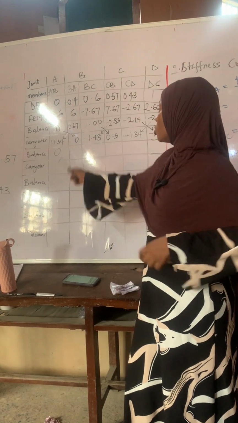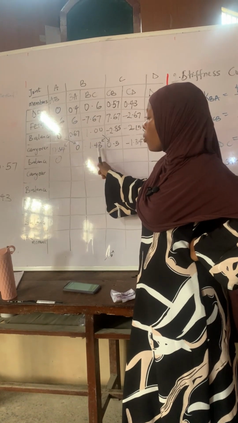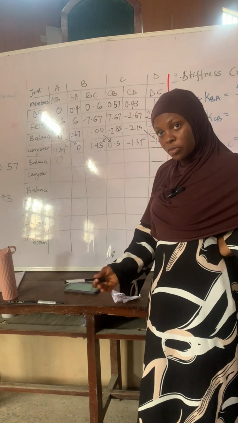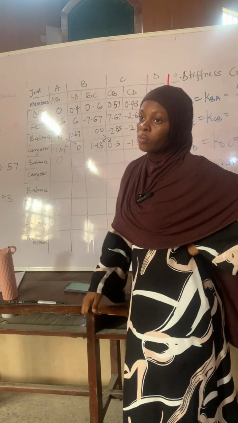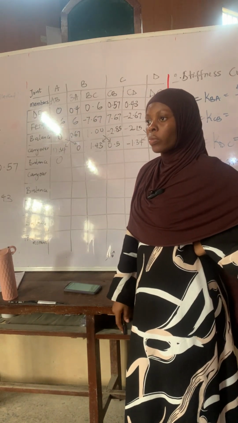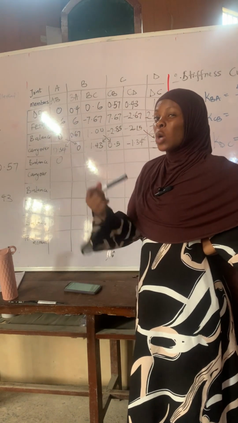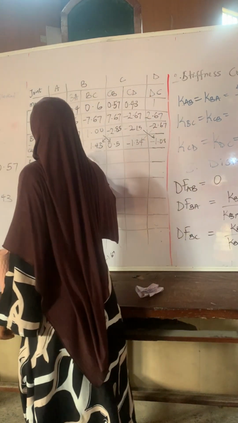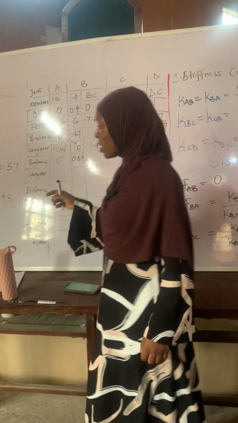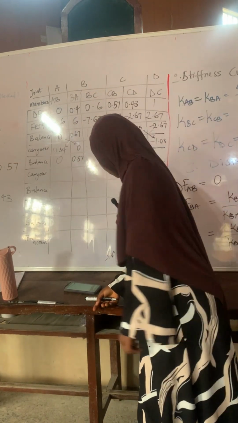So can we continue? So we have 0 plus minus 1.43. Minus 1.43, right? So your answer multiplied by 0.4 is minus 0.57. But now you are balancing. It's going to be what? Plus 0.57. So just the same answer multiplied by 0.6.